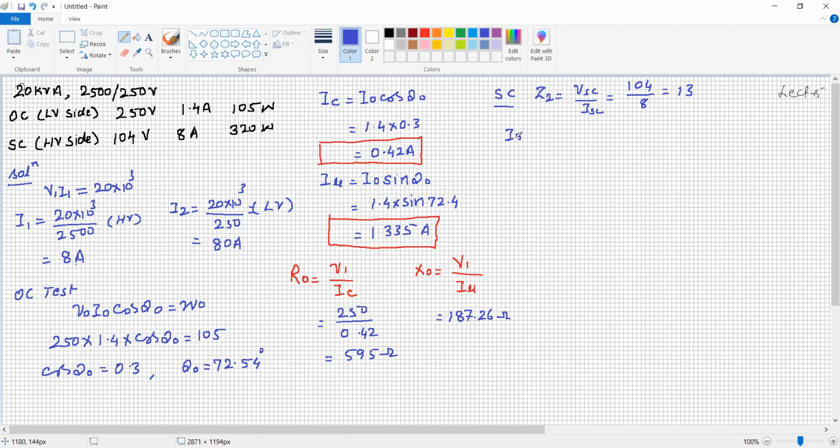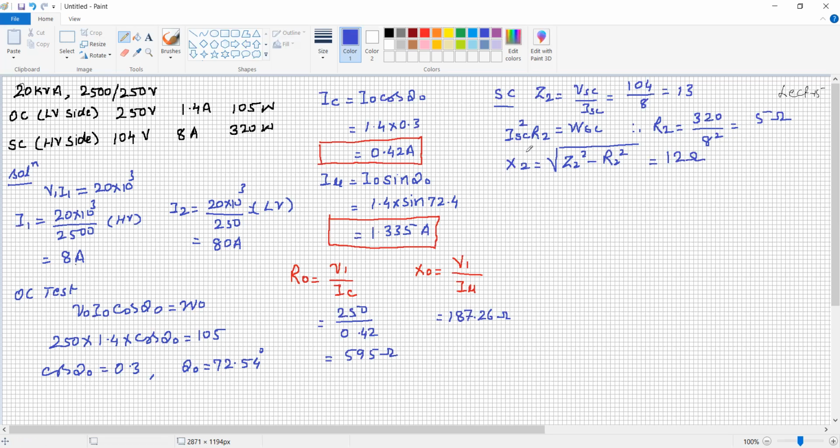ISC squared R2 is equal to WSC. Therefore, R2 is equal to 320 divided by 8 square, equals 5 ohms. Now X2 is equal to under root Z2 square minus R2 square, equals 12 ohm.